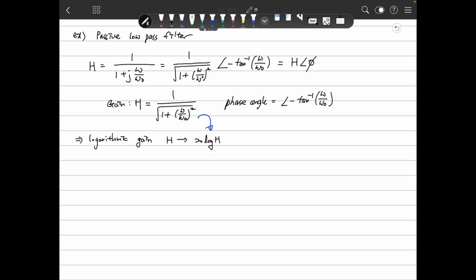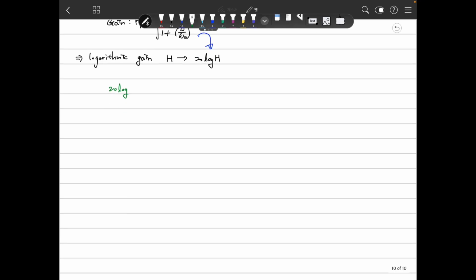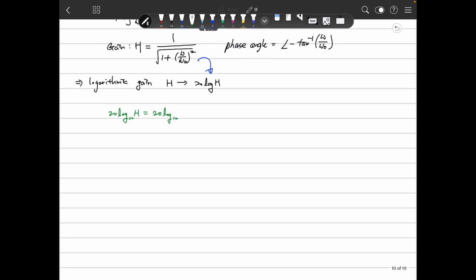So the variable is 20 log10 H, which was 20 log10 of 1 over the square root of 1 plus (omega over omega 0) squared.